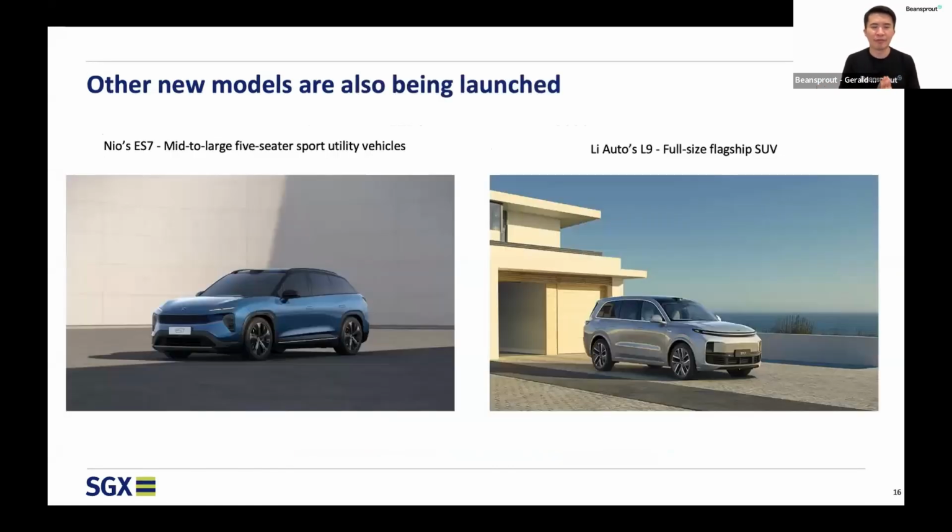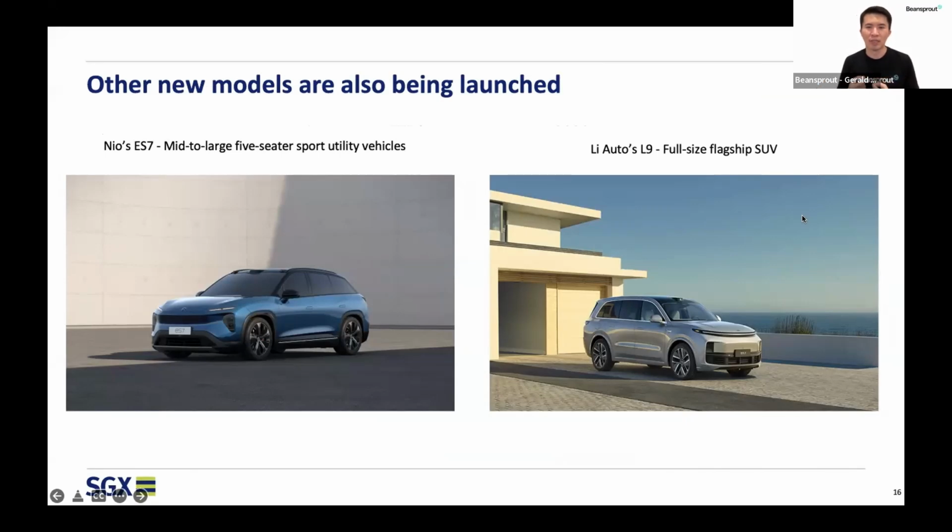Apart from the ET5 model that has been widely talked about, NIO also has the upcoming ES7 model. This is a 5-seater SUV, so a bit larger in size. But not only NIO has new model launches, we see that Li Auto also has an upcoming flagship SUV.